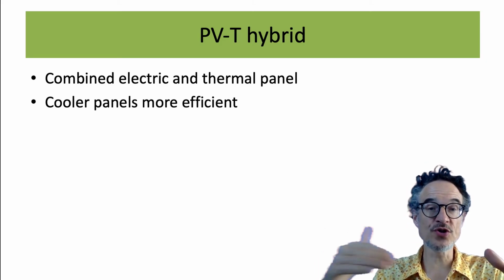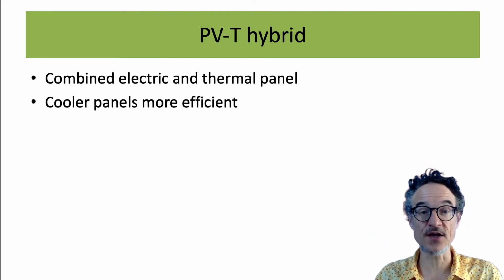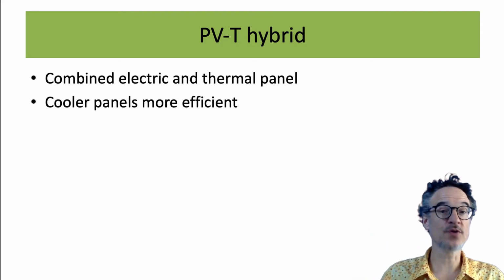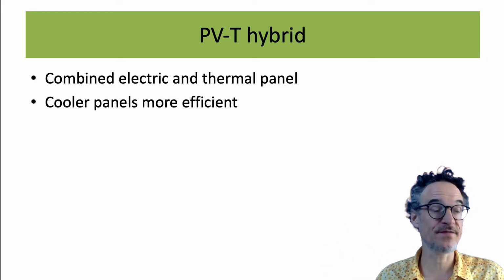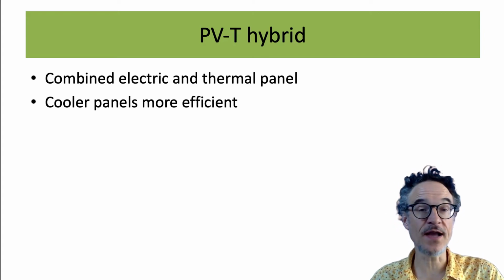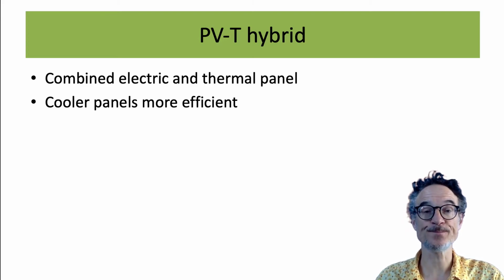And because the water is taking heat off the photovoltaics, it makes the photovoltaics more efficient, because as they get hotter, they get less efficient. So you can get very efficient systems in terms of total energy, but there's only time to mention them here.